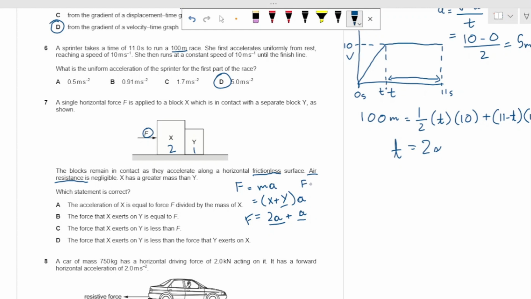If it would have been F equals the mass of X, which would have been something like, as said, 2A, then option A would have made sense. Otherwise, no. For this question, this option does not make sense. The first option is wrong.